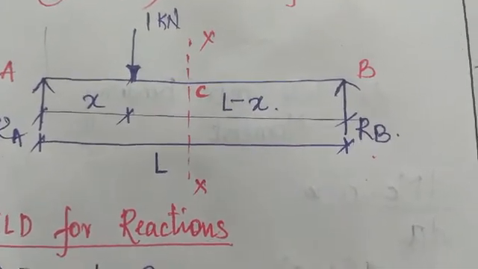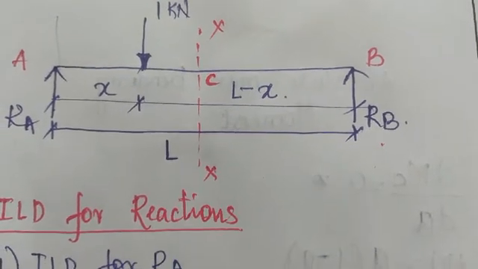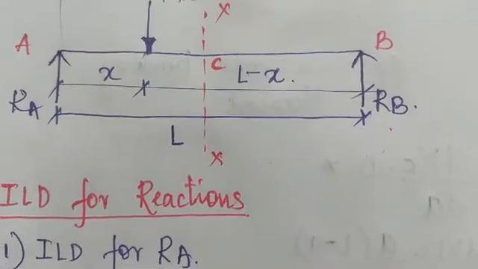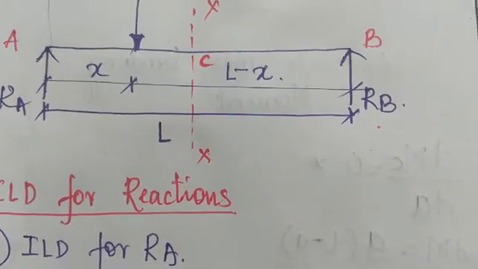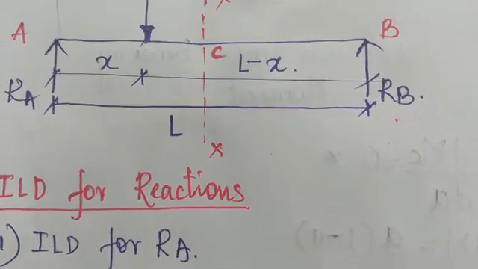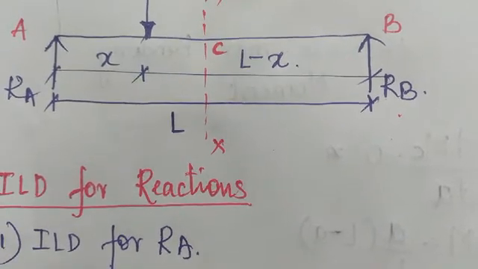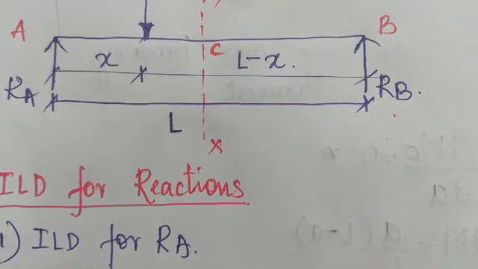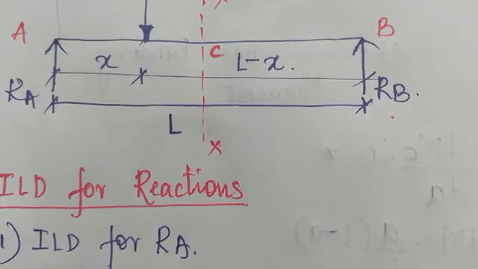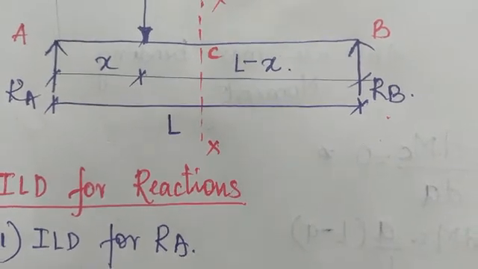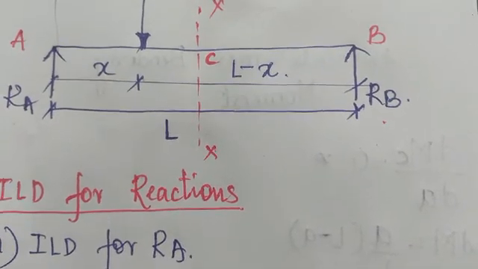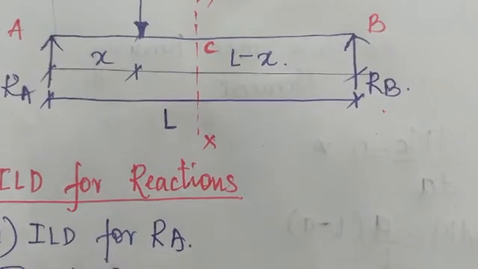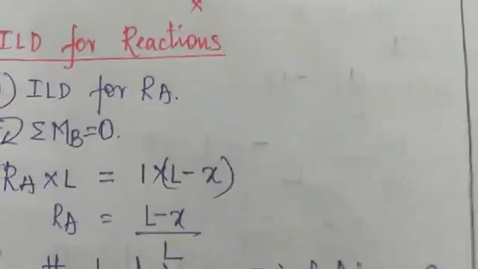Now let us draw influence line diagram for reactions. We will take first the reaction RA. To have the influence line diagram for RA, we take summation of all the moments. If I want RA, I have to take moments about the other point, that is B. Now if I take summation of all the moments at B, what will I get?